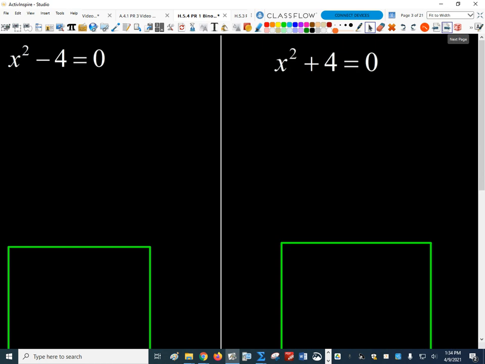How about this one? How could I solve this equation? Think about the easiest possible way. I could factor it as a difference of squares, right? I could. But is there an easier way to solve that one?